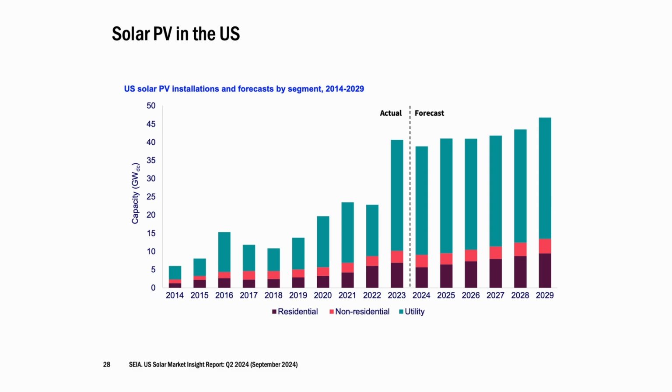And a lot of the ups and downs that you see in that growth are attributed to a variety of different factors. You've got a little bit of whiplash with tax credits, like in 2016. The industry thought that the investment tax credit was going to sunset, so they made a huge investment in solar that would start construction by the end of 2016.